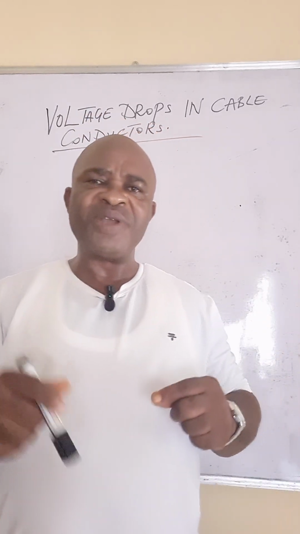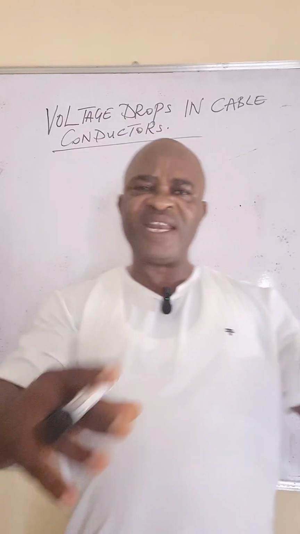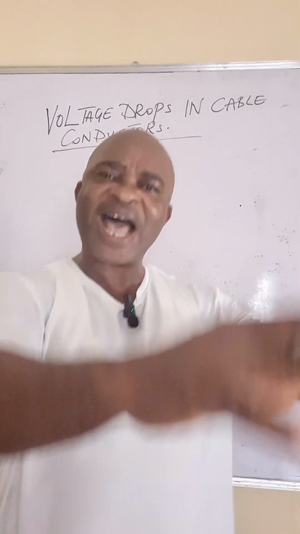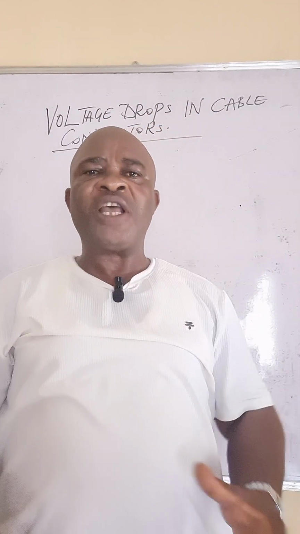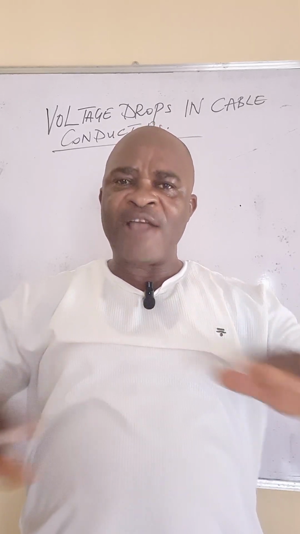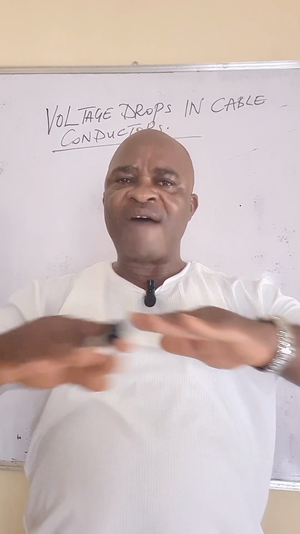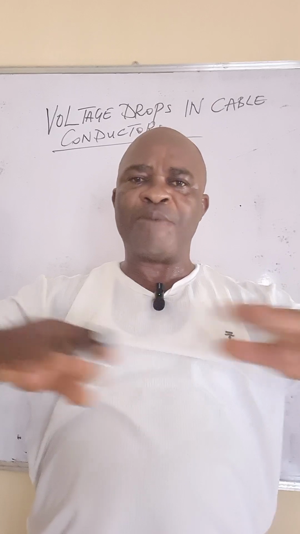And voltage drop is the reason why you see some people living near the transformer, because they are almost living within the source, they normally have their power okay, have their fridges, have their ACs, everything working.